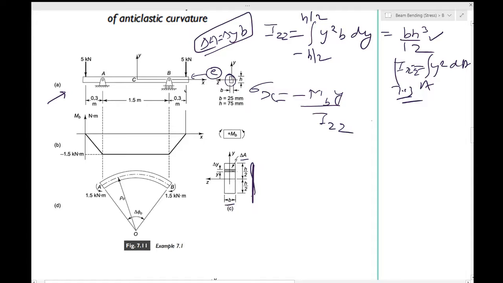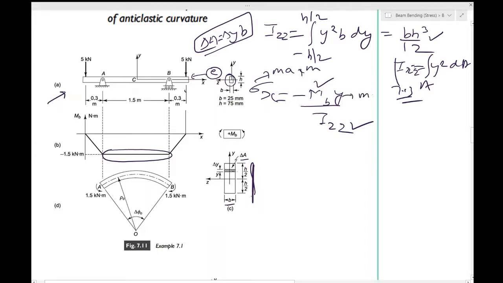So IZZ is something which you have found out. Mb will have its value which you already know, that is constant and is equal to minus 1.5 kilonewton meter.